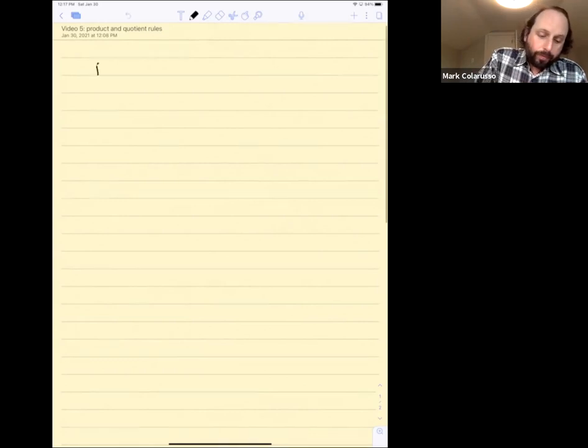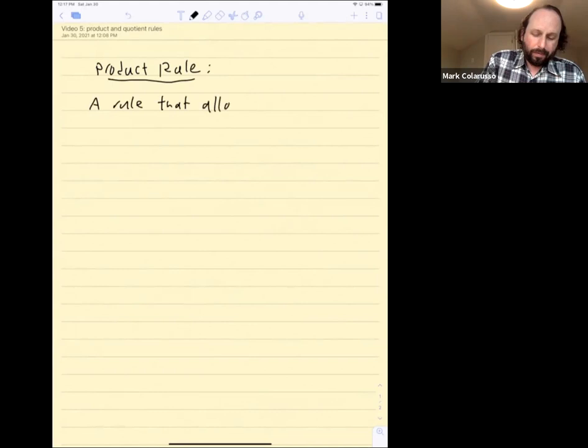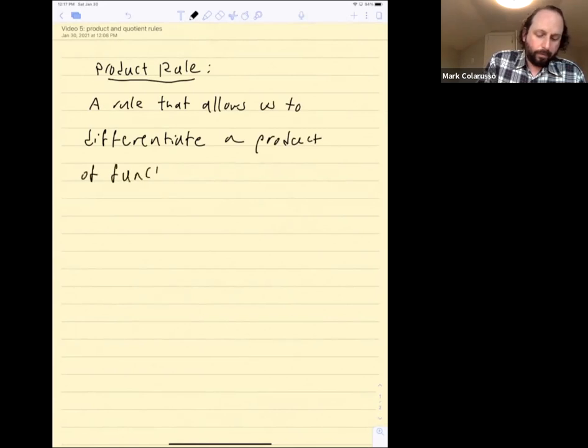So the first rule I want to talk about today is the product rule, which is a rule that allows us to differentiate a product of functions. So what I'm saying is the following.